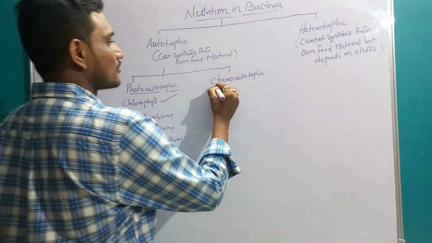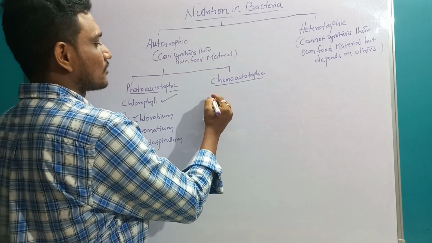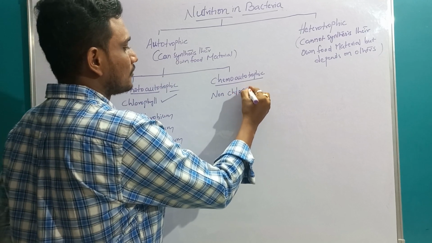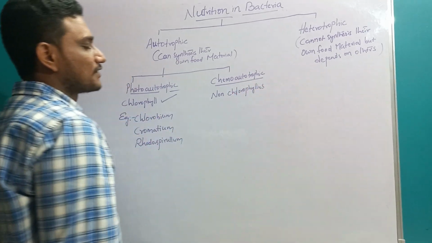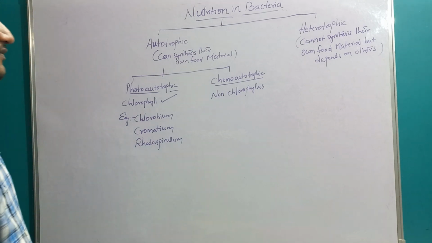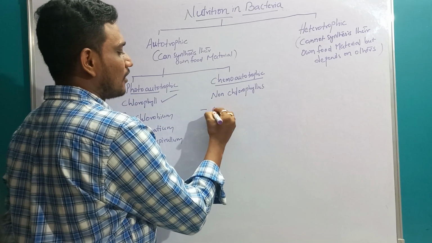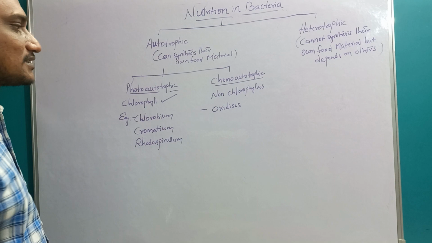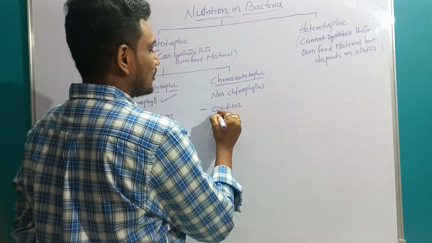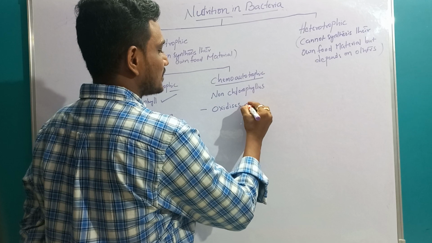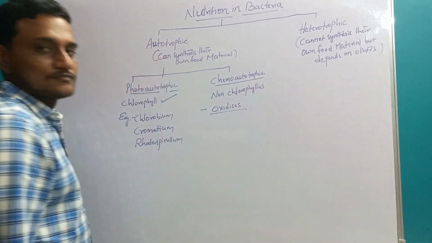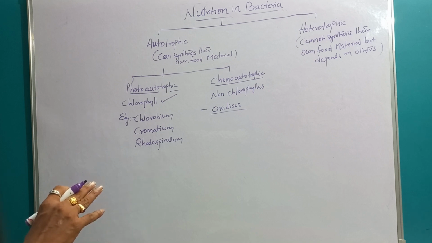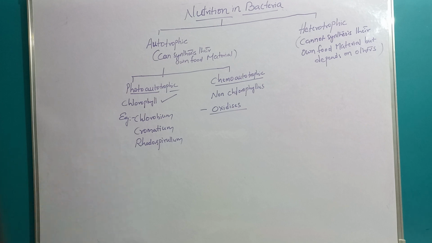Next, chemoautotrophic bacteria. Chemoautotrophic means non-chlorophyllous bacteria.